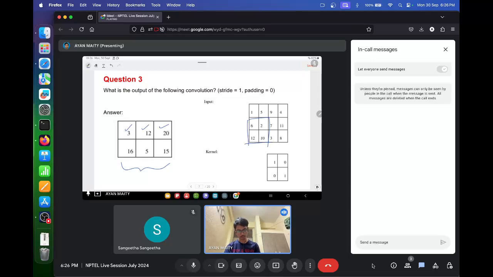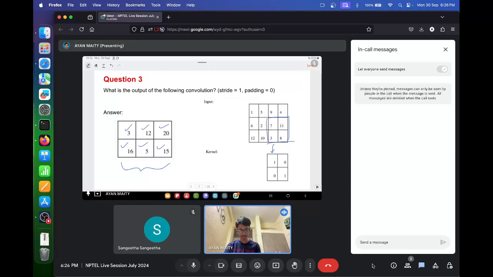For this 2 by 2 matrix, the pointwise multiplication and sum will give us 16. Then for this sub matrix 2 7 10 3, pointwise multiplication with the kernel and the sum would give us 5, and finally for the last 2 by 2 matrix, pointwise multiplication with the kernel and the sum would give us 15. So this is how you have to compute every entry in the output matrix.